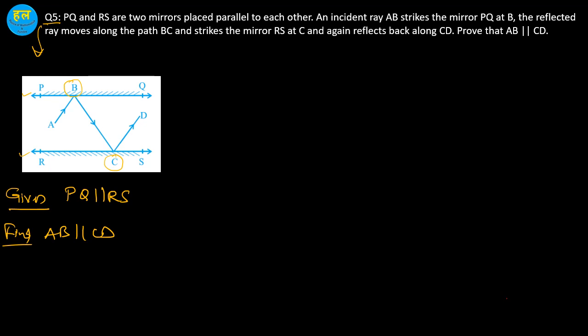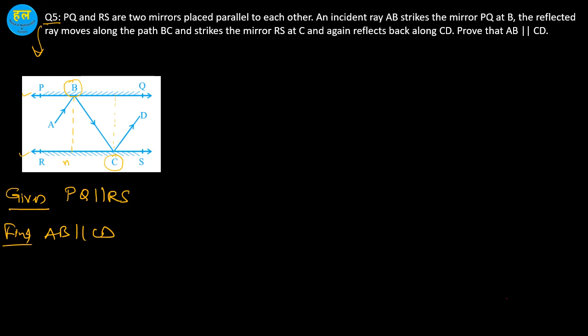Now because these are two mirrors, we have to make some imaginary lines from point B perpendicular to RS like this, and similarly we'll make an imaginary line from point C perpendicular to PQ.